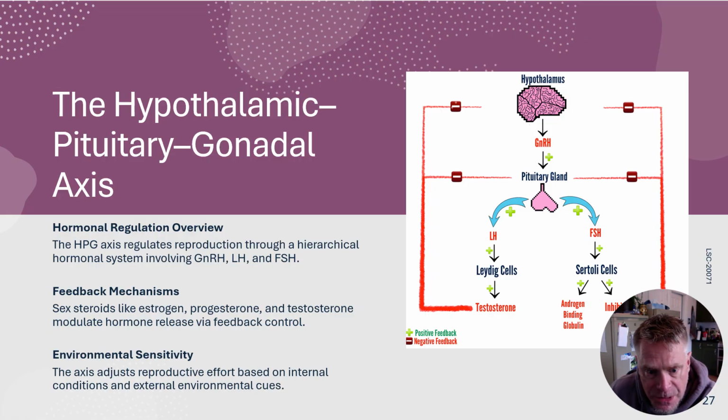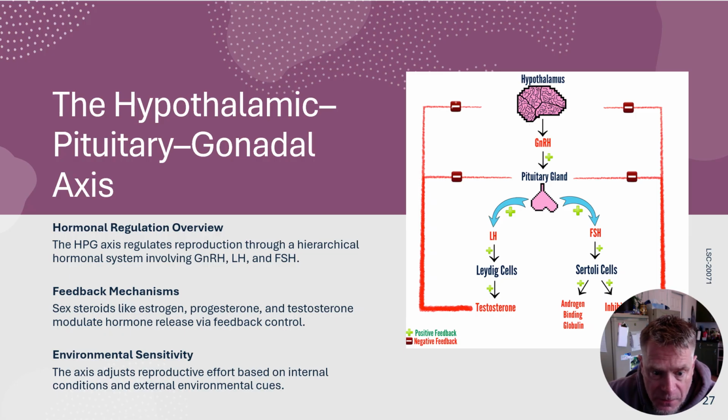And there's another axis here, the hypothalamic pituitary gonadal axis, HPG for short. This regulates reproduction through a hierarchical hormonal system involving a number of different hormones: GnRH, LH, luteinizing hormone, and FSH, follicle stimulating hormone.